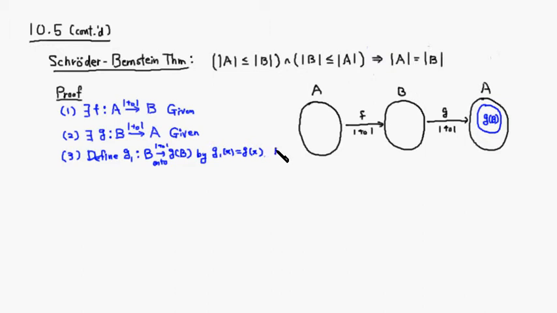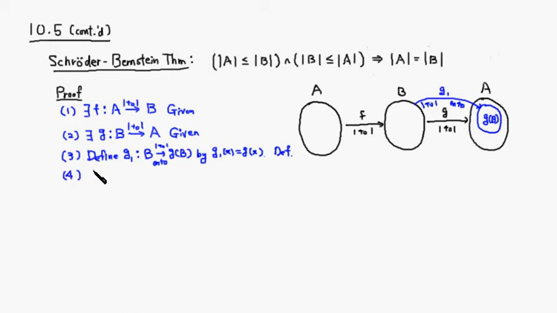So this is by definition, or by construction. You have a bijection from B to g of B, which we call g1. This is one-to-one and onto at the same time. If you have a bijective function, we can talk about its inverse.